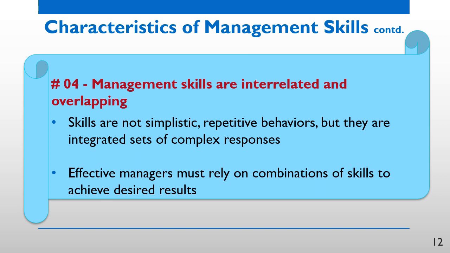To achieve these, effective managers working towards the goals and objectives must depend on a combination of skills, which means they should know how to combine different skills and put them into use, and only then will their behaviors produce the desired results. Similarly, they should encourage their subordinates to do the same thing.